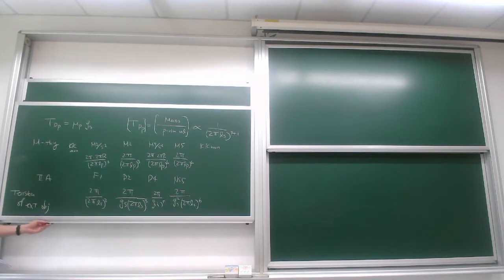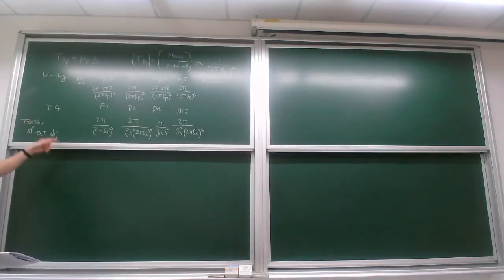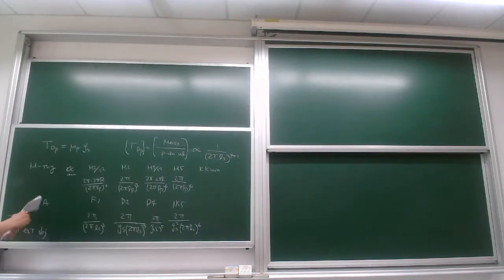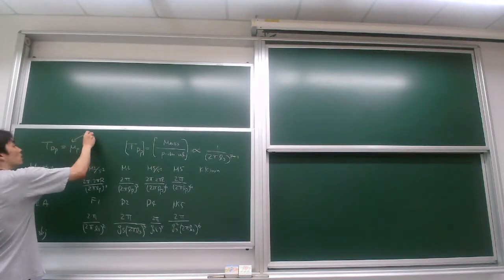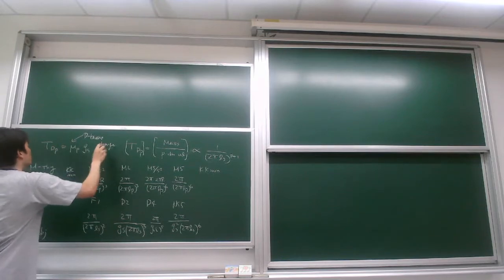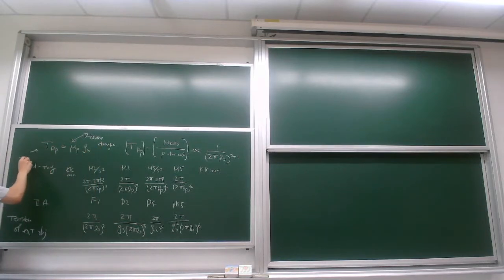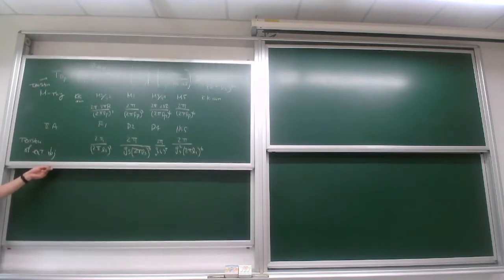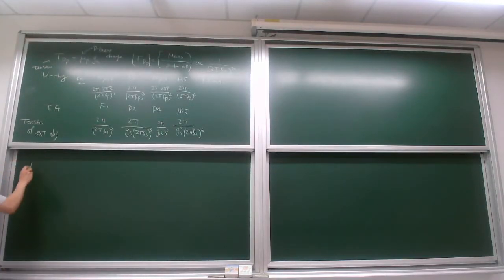So that I missed this point. So this is different charges, and this is tension. And of course, R is equal to g_s l_s.